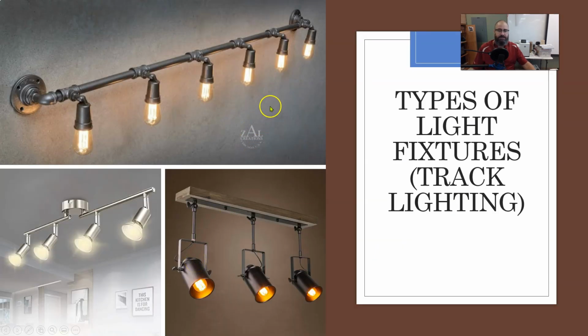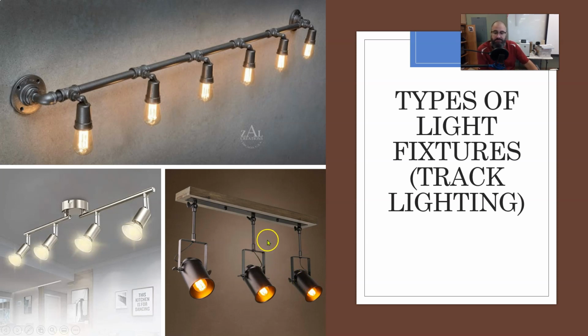Track lighting. Okay, track lighting, these are really nice track lights. I like these. But these, as you can see, they have really warm, glowing light bulbs. These are actually LEDs. And this is what I was talking about earlier, where they have been able to replicate the old-timey yellow warmth glow of some of the earlier incandescent type light bulbs.